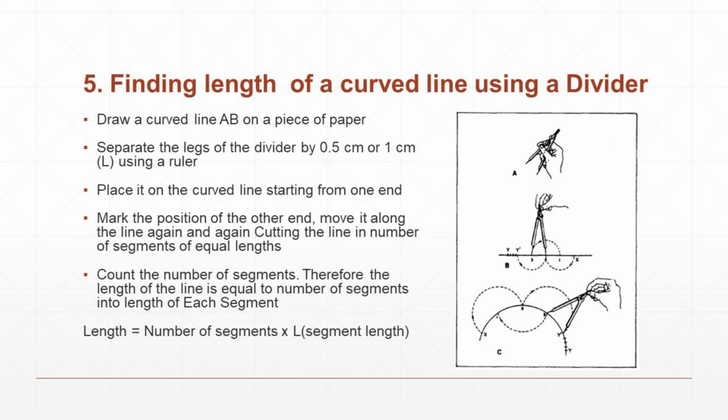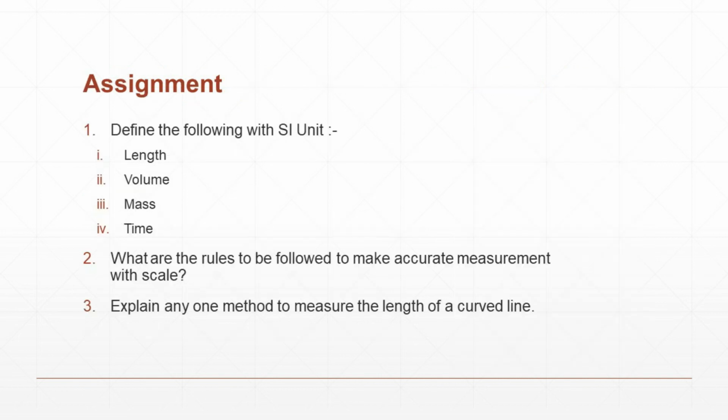Mark the position of the other end. Move it along the line again and again, cutting the line into a number of segments of equal lengths. Count the number of segments. Therefore, the length of the line is equal to the number of segments times the length of each segment.